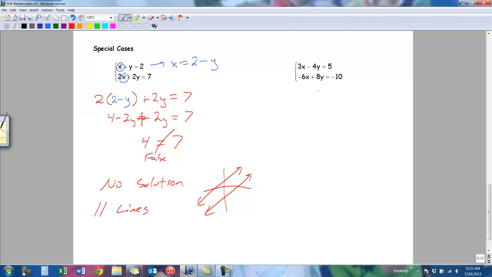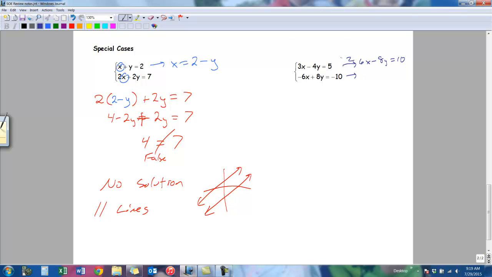All right. Now, the other scenario is this one. Let's solve by elimination. Let's get rid of the x's. I have 3 and 6. I can make that 3 become a positive 6 by multiplying the top equation by positive 2. So this would be 6x minus 8y is equal to 10.